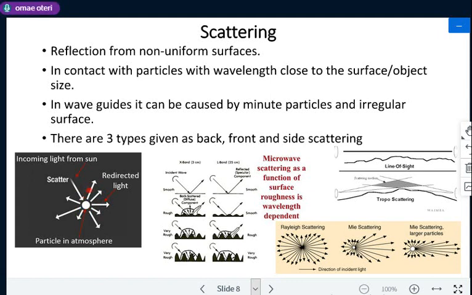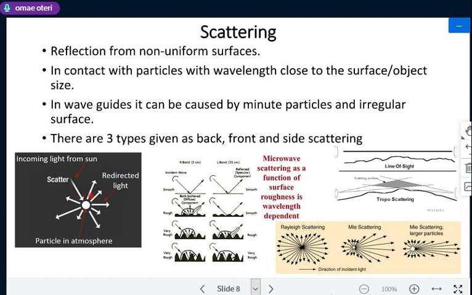You're going to have the signal coming in, though this is light, but it works also for all the others, the radio waves and microwaves, and even gamma rays. All the electromagnetic waves will experience the same effect, only that it will depend on the type of obstacle that you are dealing with and the frequency difference.